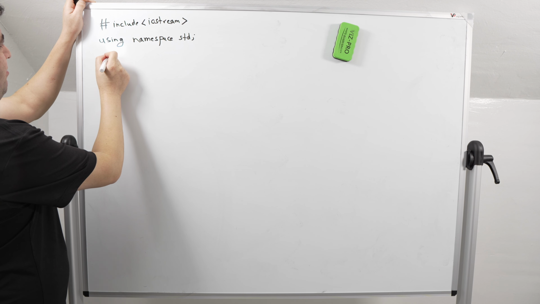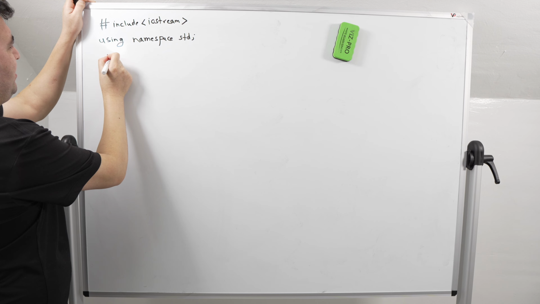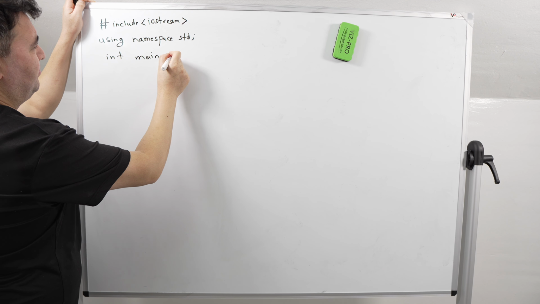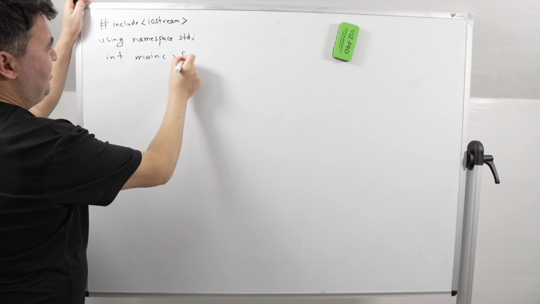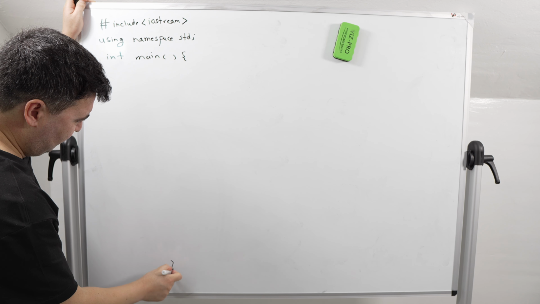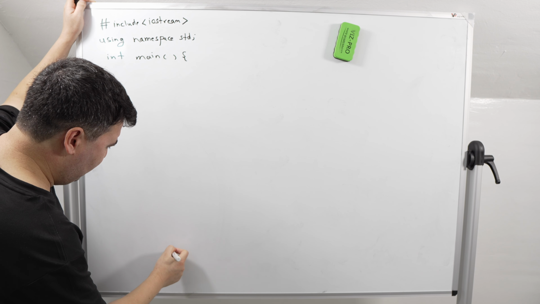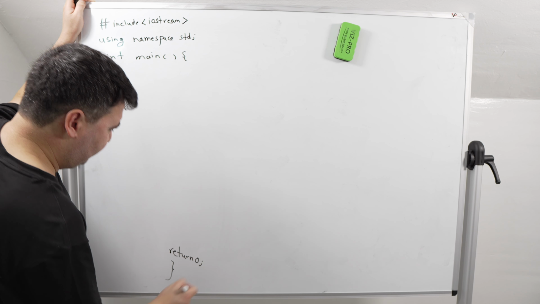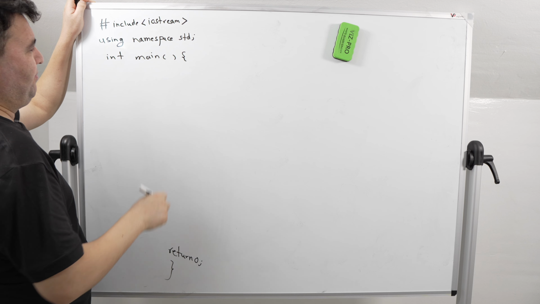Now we declare our main function, int main, open the main function block, and close it. At the end of the program we have return 0 because our main function returns an integer.